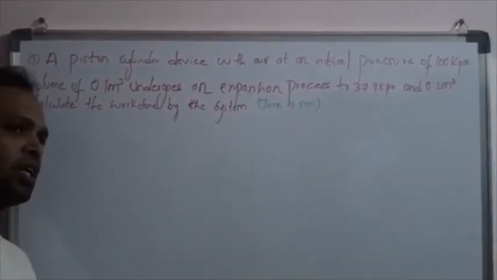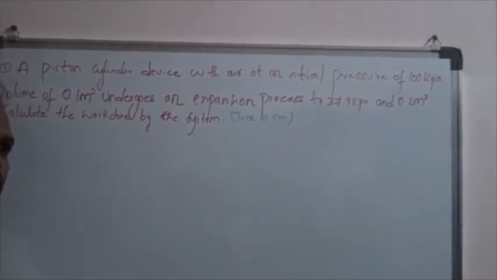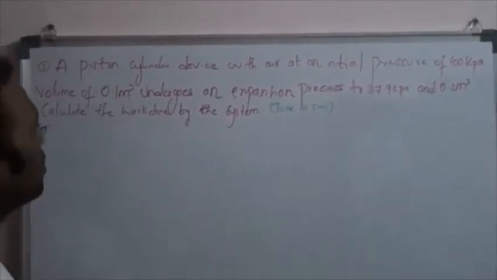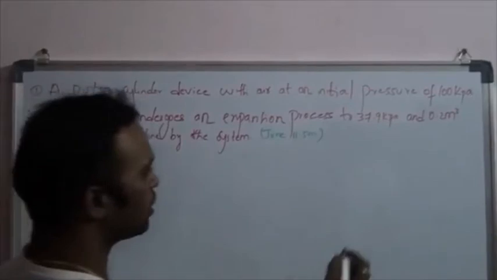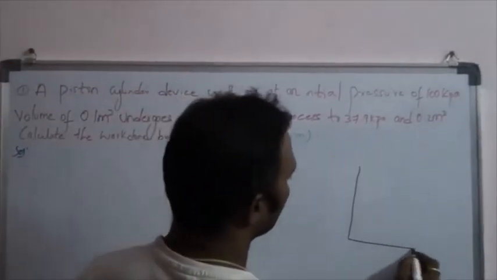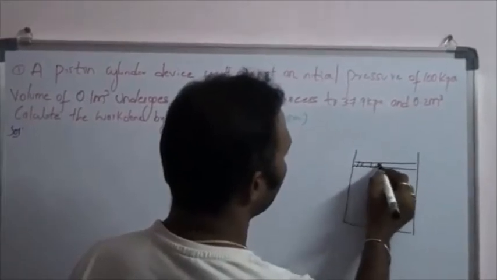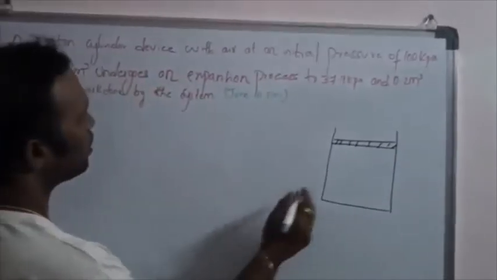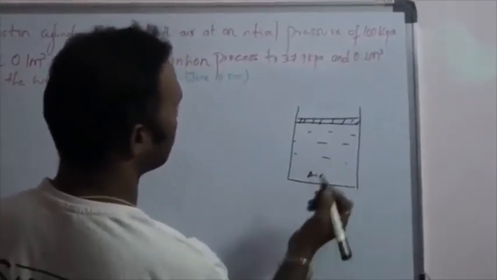First, read the question and try to analyze what concept it is and what kind of process it is. There is a piston cylinder, so let us go with the sketch first. As you know, the famous example which we are solving a number of times is the piston cylinder with air as the medium in the system.